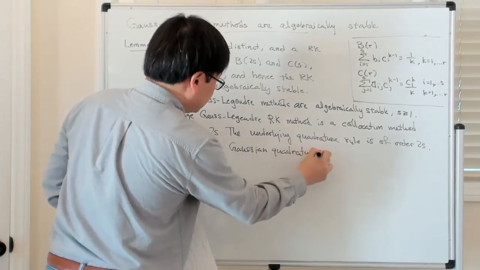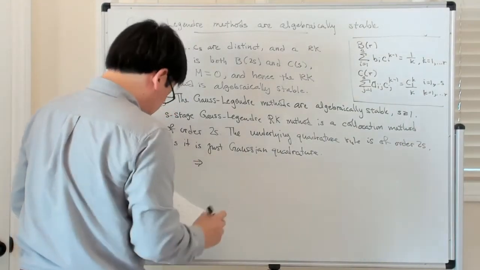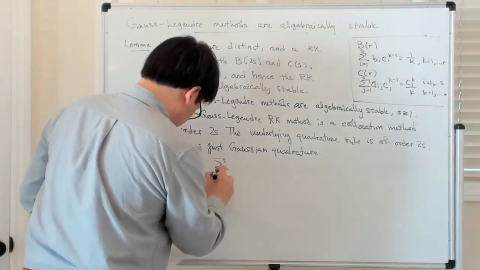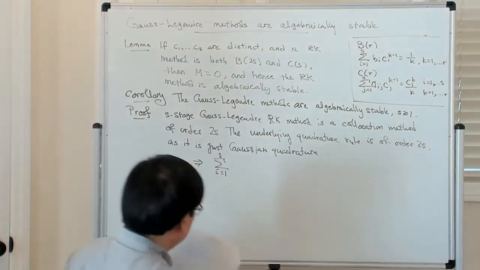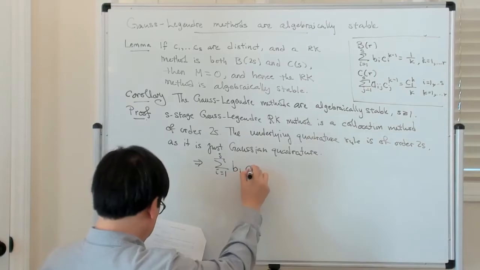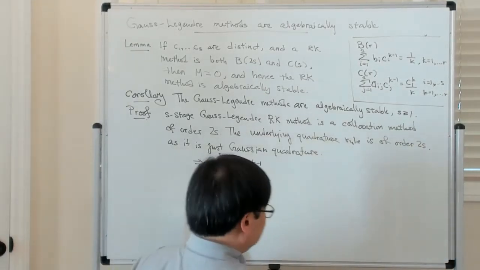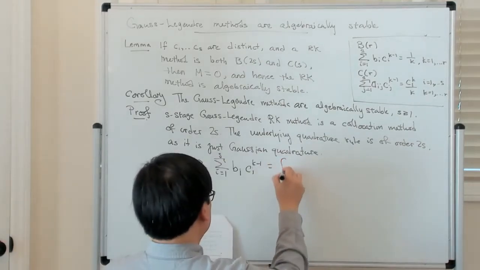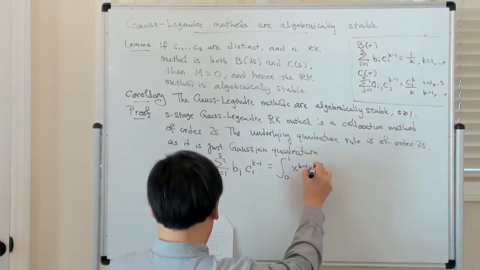So what that basically means is that the sum from 1 to s of bi ci to the k minus 1, which is a quadrature approximation of an integral, is equal to the integral from 0 to 1 of x to the k minus 1 dx.